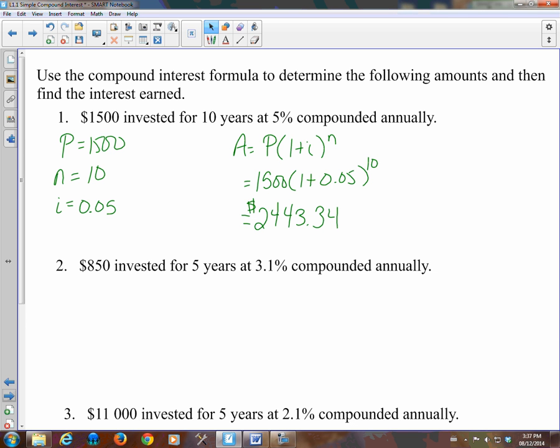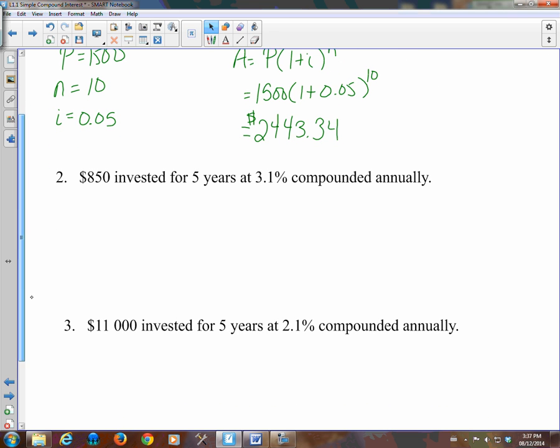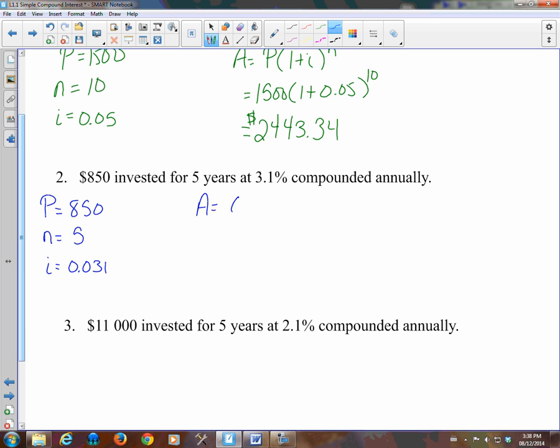So if I look at the second one, $850 for 5 years compounded annually. My principal is $850. My N, 5 years, once every year, and my I is 0.031. So I have $850, 1 plus 0.031, and I have 5 as my exponent.